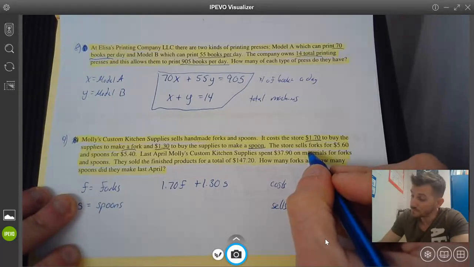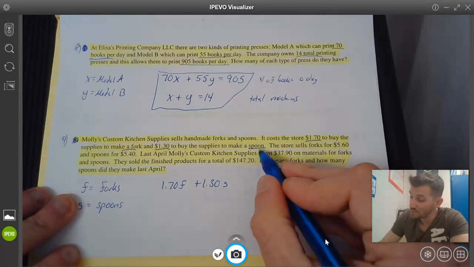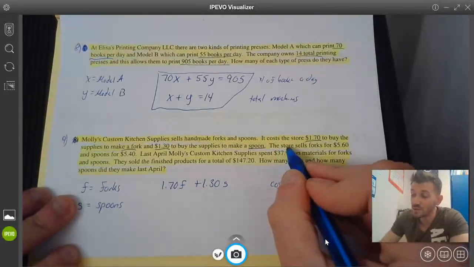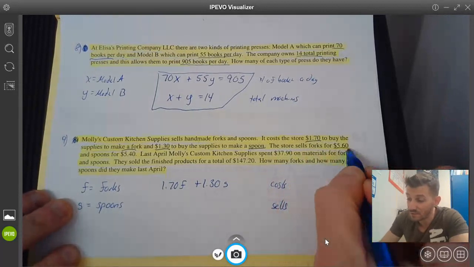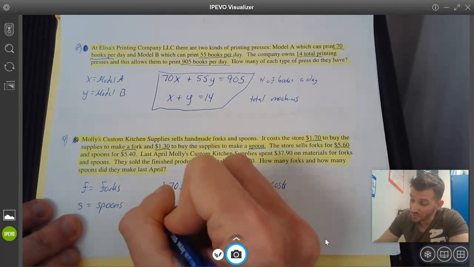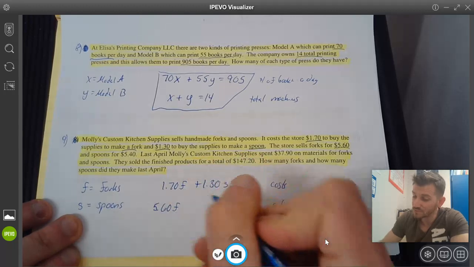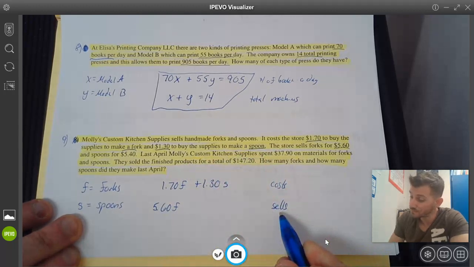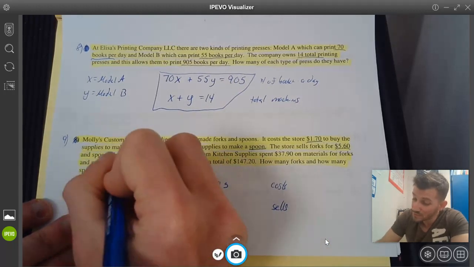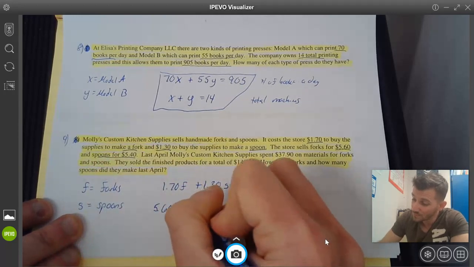Okay. Now they're jumping to some different information. The store sells forks for $5.60. So they sell forks for $5.60 and spoons for $5.40.